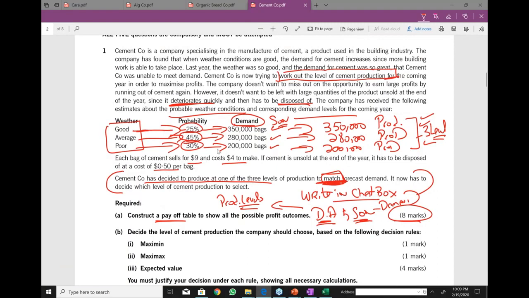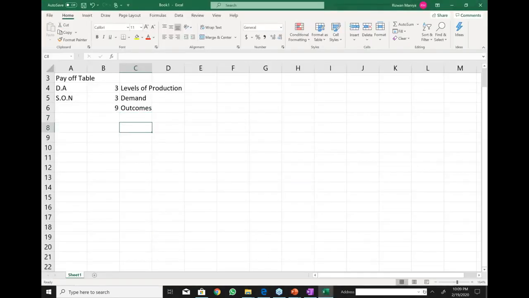Okay. So a payoff table looks like this. It all depends where you show the decision alternative and where you show the state of nature. It's up to you completely. But right now I am showing the decision alternative in columns.